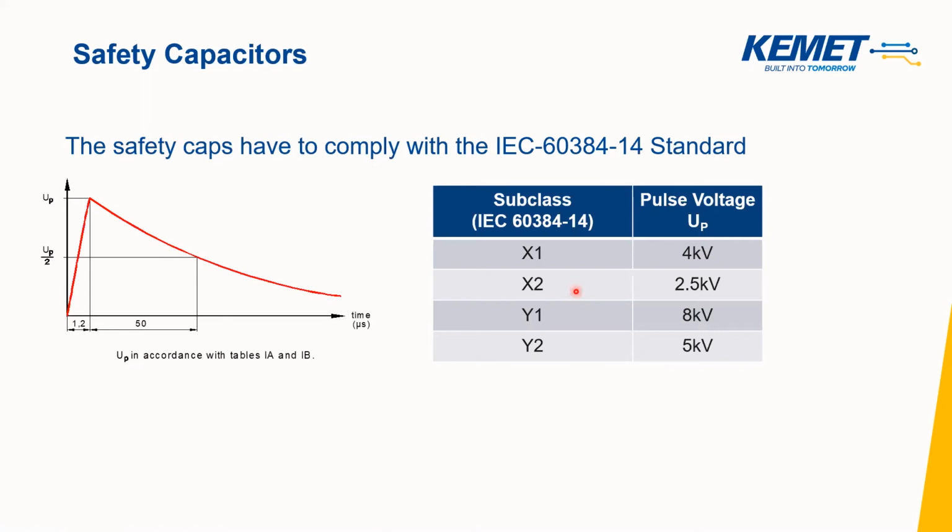But this does not usually happen, simply because the X capacitor gives you many more capacitance values to select from. This is because the voltage withstandability of an X capacitor is not as high as a Y capacitor. Because the voltage withstandability of a Y capacitor has to be significantly higher than an X capacitor, this is one of the main reasons why Y capacitors typically are lower value capacitors as compared to X capacitors.